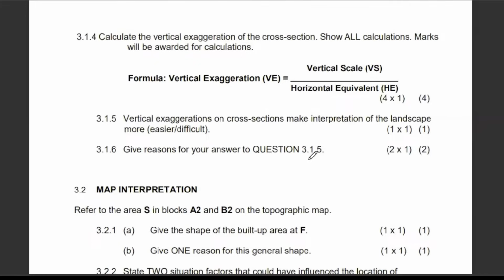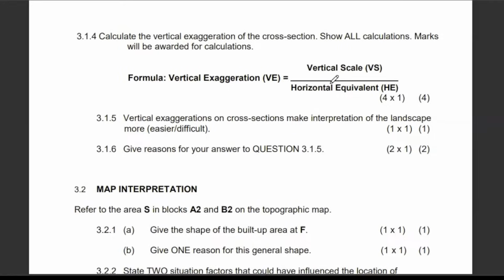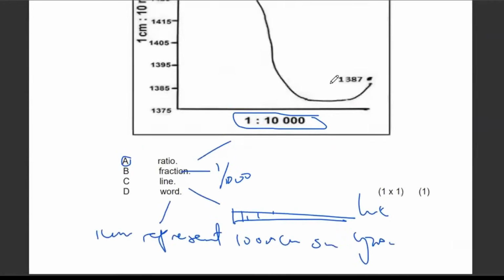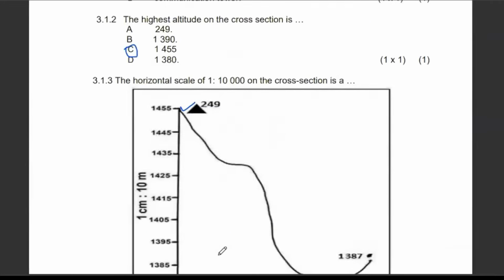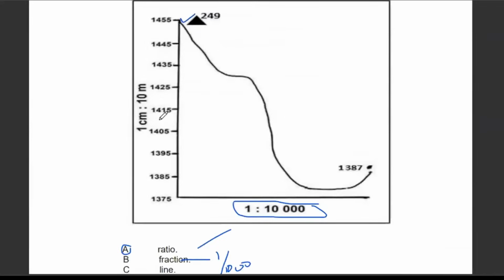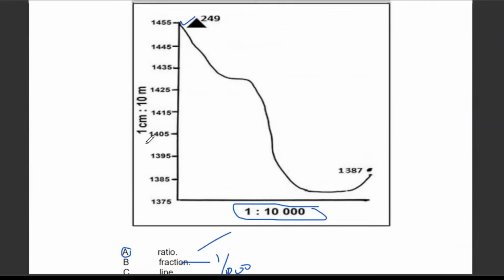So when we're checking on our vertical exaggeration, the formula is vertical scale over the horizontal equivalent. Right. Our horizontal scale is 1 is to 10,000, while our vertical scale is 1 centimeter is to 10 meters.